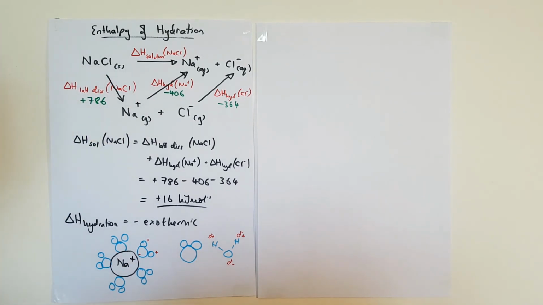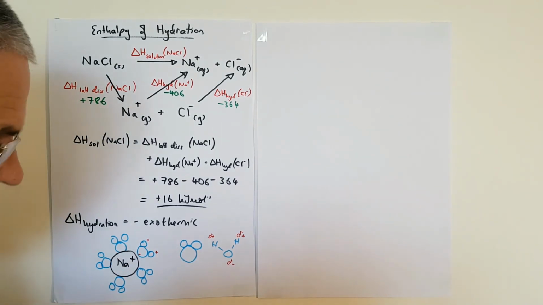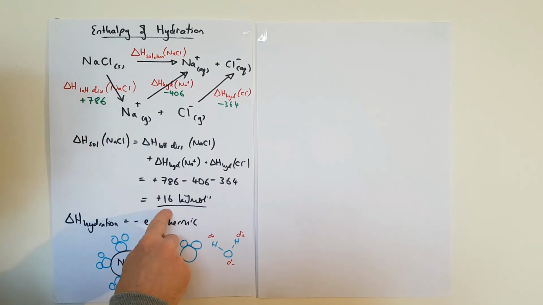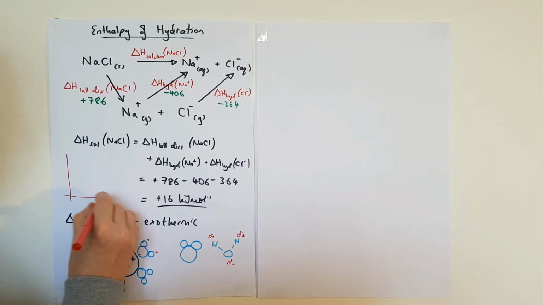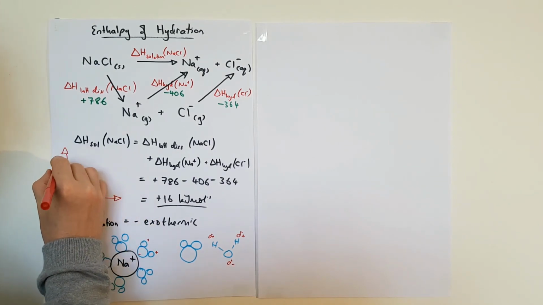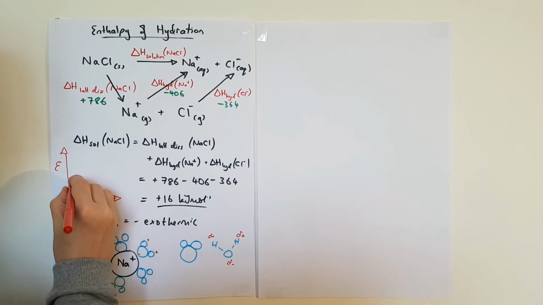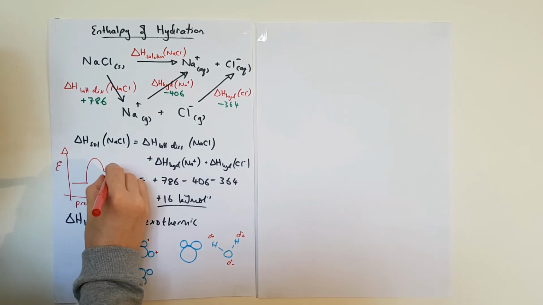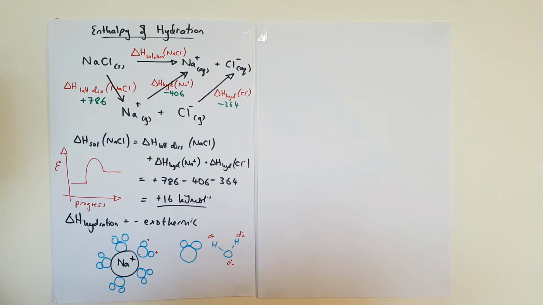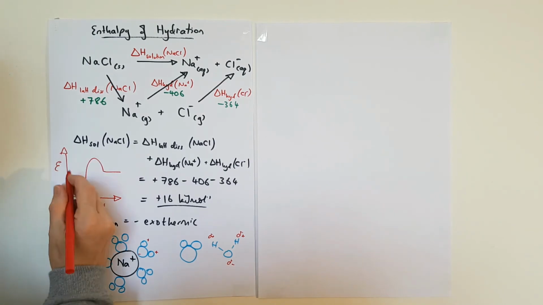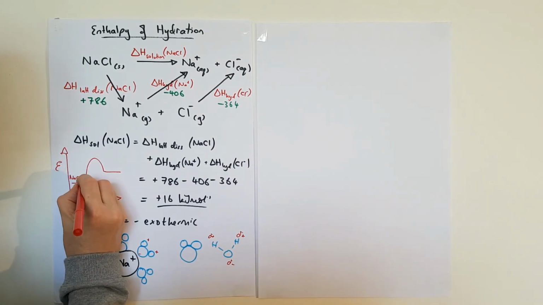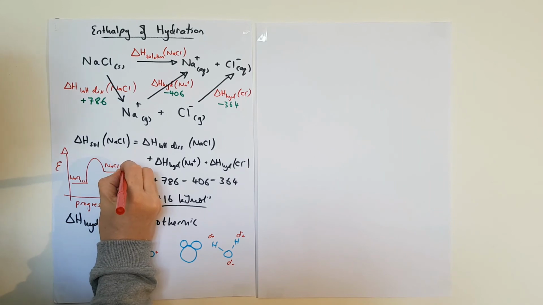Just one last thing. If we think about an endothermic reaction, in terms of energy, we're kind of going uphill. This is the progress of the reaction here. Here's our energy profile diagram. Here's our sodium chloride solid and our sodium chloride aqueous.